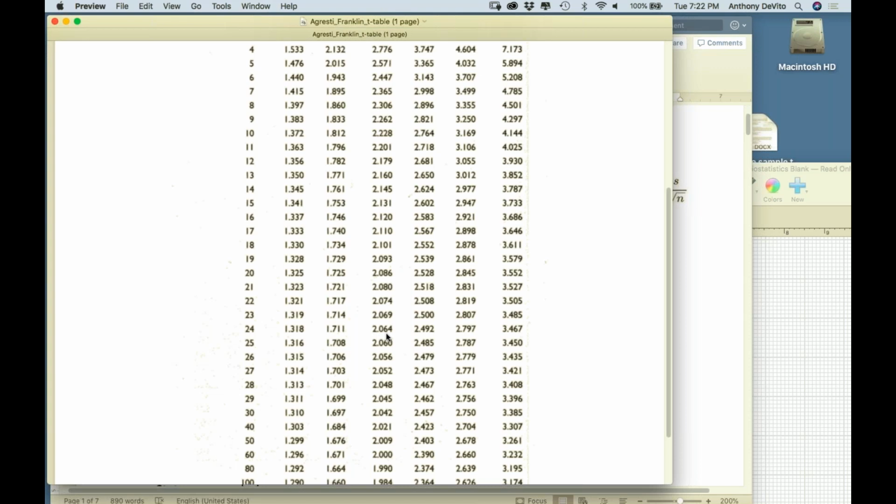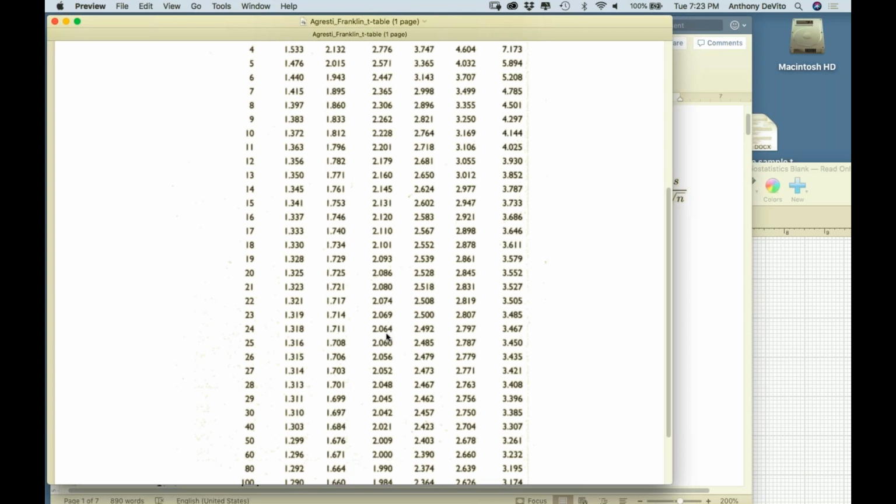So what does a t-score of 2.064 mean? It tells us that if we're 2.064 standard deviations below the mean, or 2.064 standard deviations above the mean, 95% of the samples that we took, if we had taken samples in Italy instead of in this other group, 95% of those sample means would have been within that range of 2.06 below and 2.06 above, right?